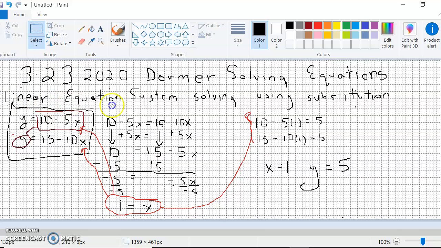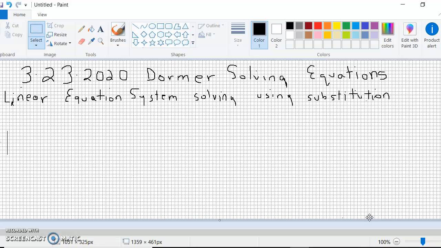Okay, so my next one, go back to pencil, is y equals 2x plus 8, and y is equal to 8x plus 2.